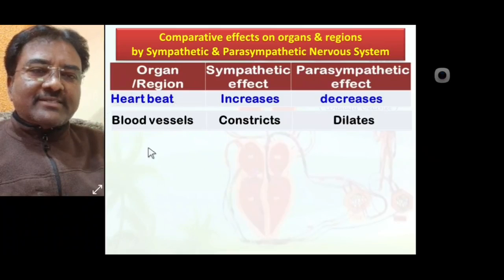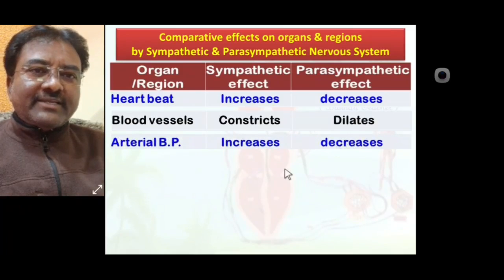Blood vessels constrict by sympathetic effect, dilate by parasympathetic effect. When blood vessels are constricted by sympathetic effect, parasympathetic effect dilates blood vessels, so normal condition is provided.